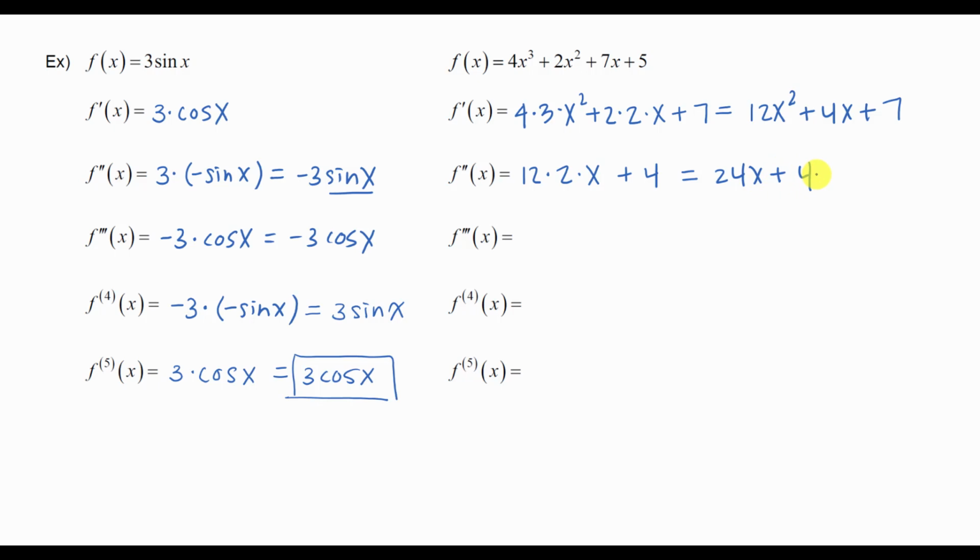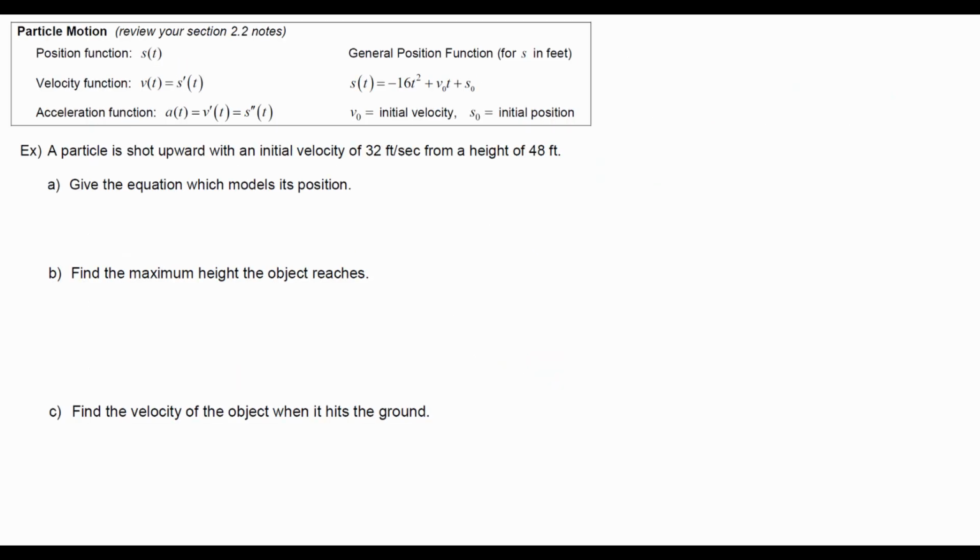So you take the derivative of the second derivative, then I'm just going to get 24 this time. And if you take the derivative of a constant, I get 0. So the fourth derivative is 0. And the fifth derivative of f will also be 0. So actually, from here, all the derivatives are 0. Recall, we learned this from 2.2, the particle motion.